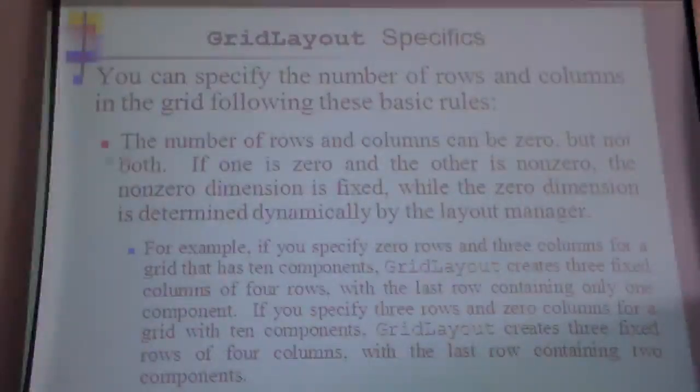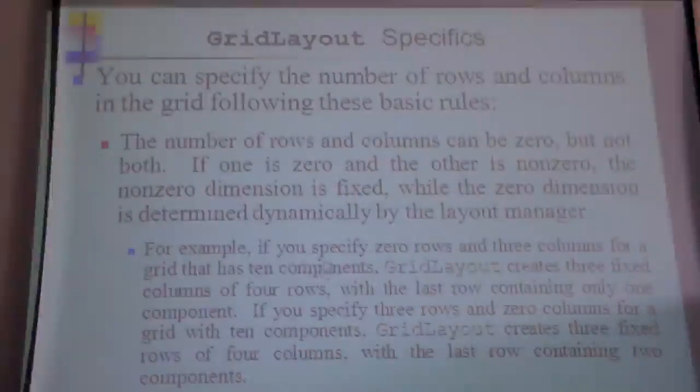The number of rows and columns can be 0, but not both. You can't make row and column both 0. If you do, the GridLayout takes the initiative and tries to arrange things automatically.